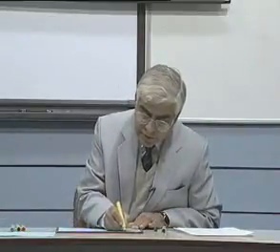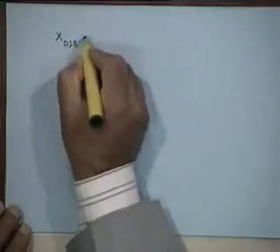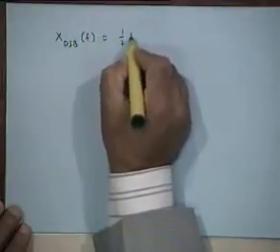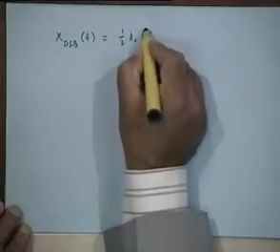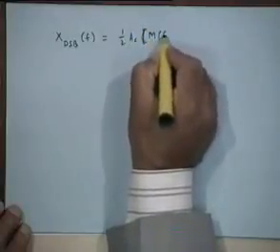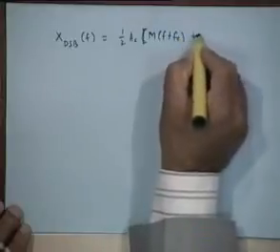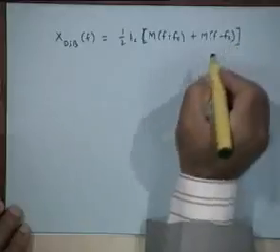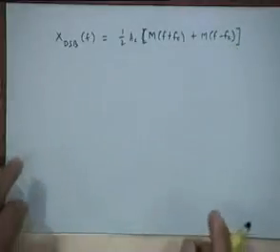And what is the expression for the DSB spectrum? That is half AC, M of F plus FC plus M of F minus FC. So what are you doing?